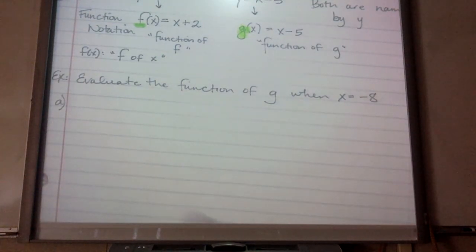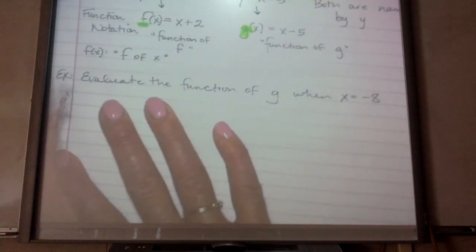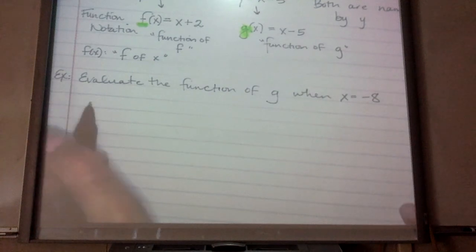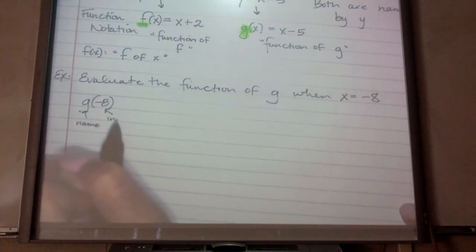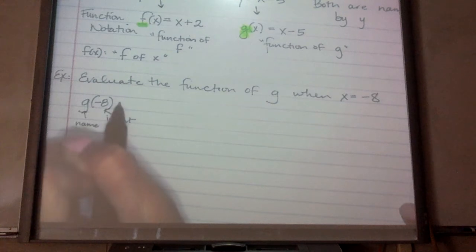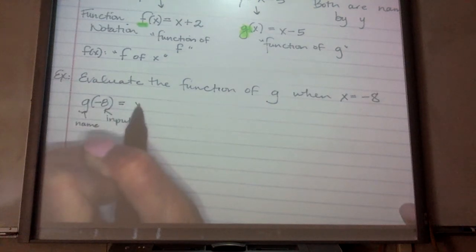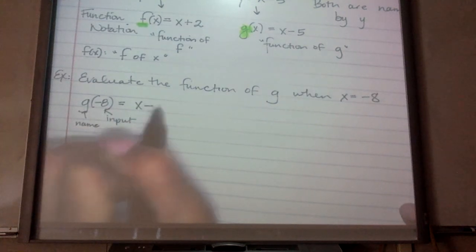So that would mean that I would take... I just don't know why I labeled that a. So I would say g at negative 8, that's the name, this is my input, equals x minus 5.